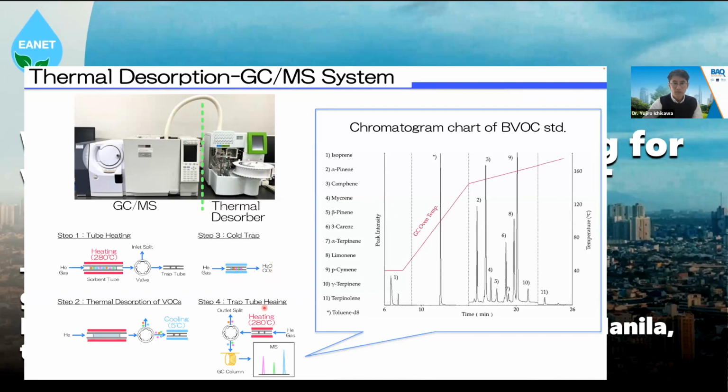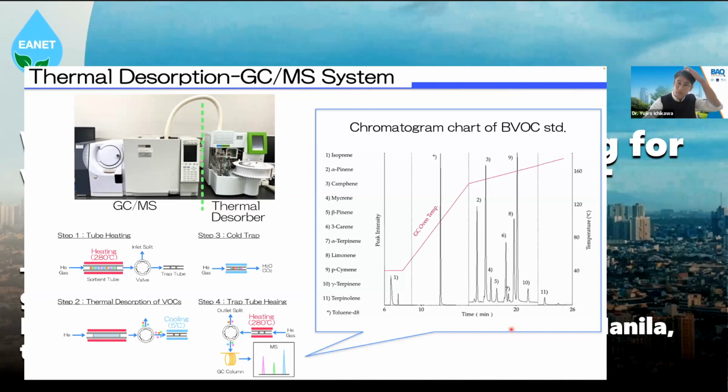And for step 4, this built-in tube is heated and helium gas flows from the opposite side, and VOC components will be desorbed from this built-in tube, and it goes back to the valve again, and the sample will be injected to the GC column and will be detected by the MS detector.